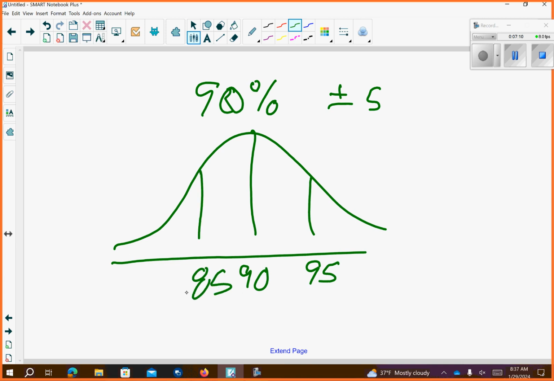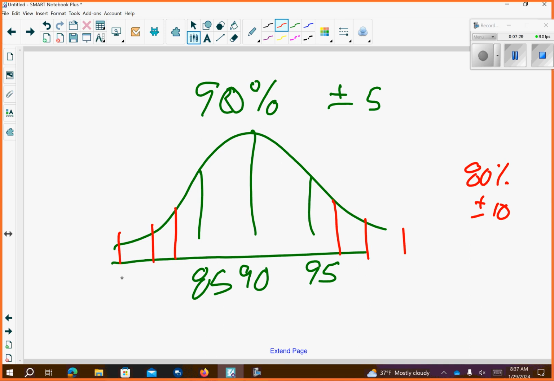So this has a certain width, but if I said 80% plus or minus 10, this is going to go out a little bit further. And it goes a little bit further, a little bit further.